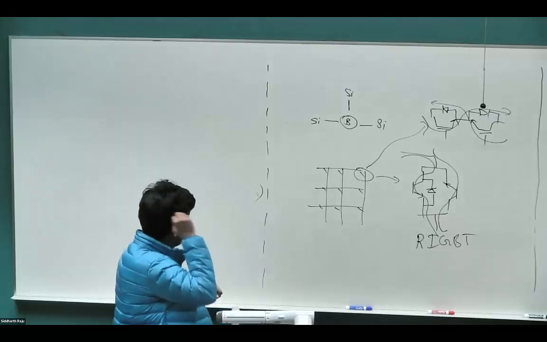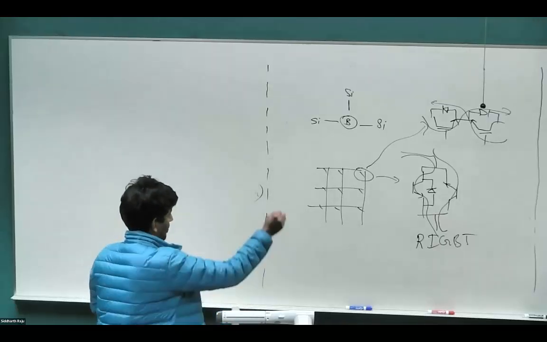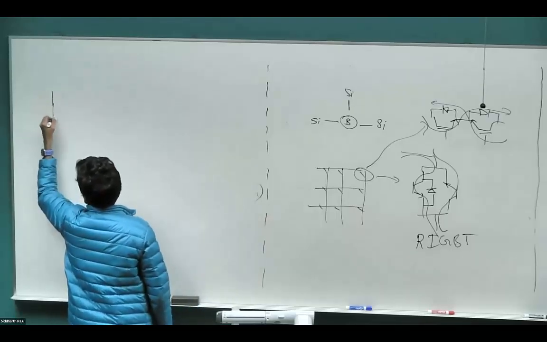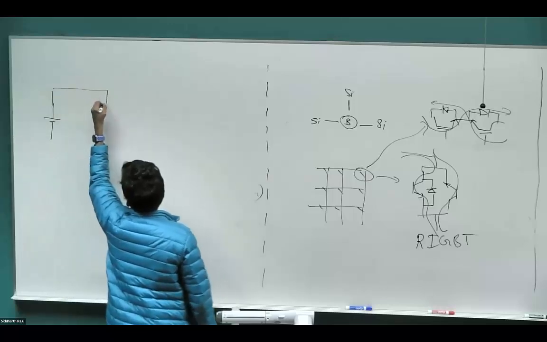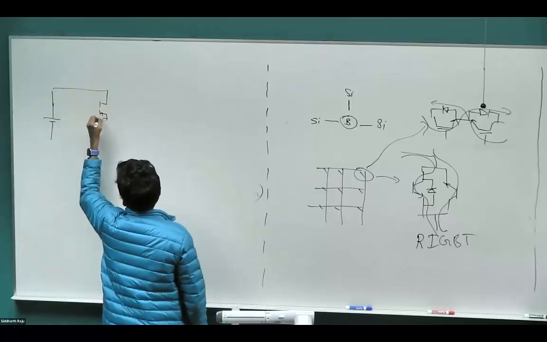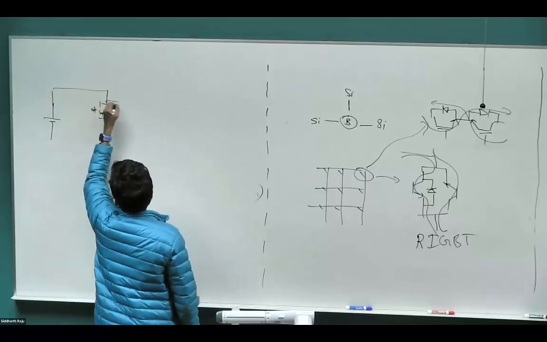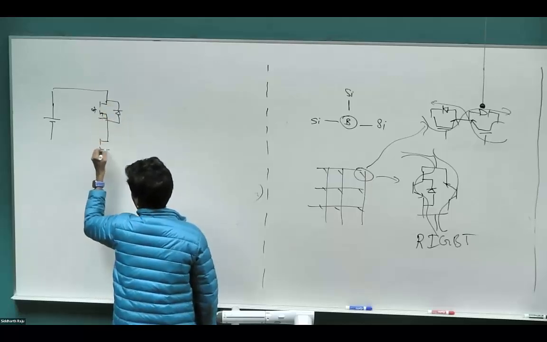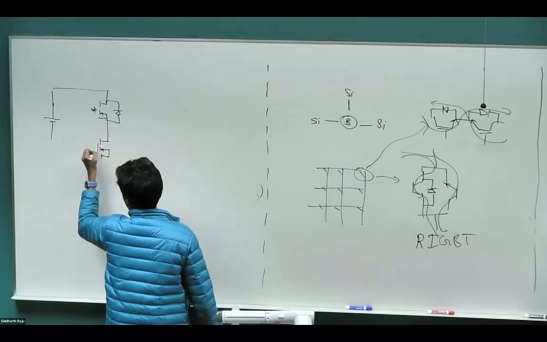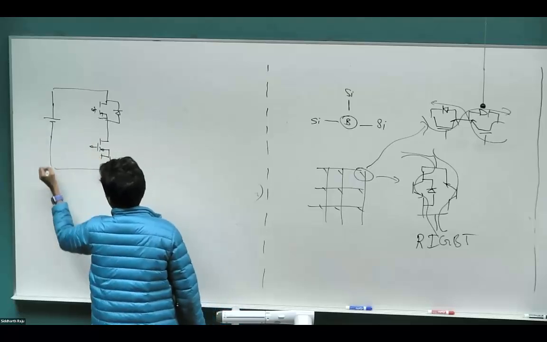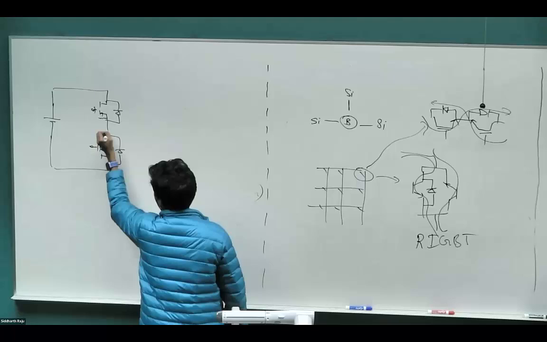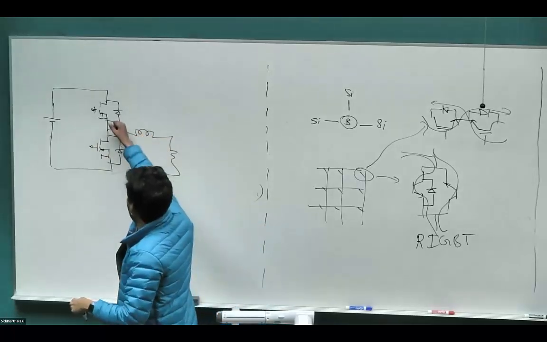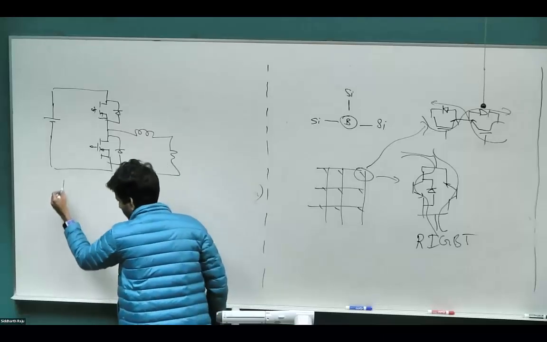So one of the problems that we have, now that we have put the switch, okay, this is the same switch that I'm drawing here. So let's say I turn the switch on and the current here builds up.